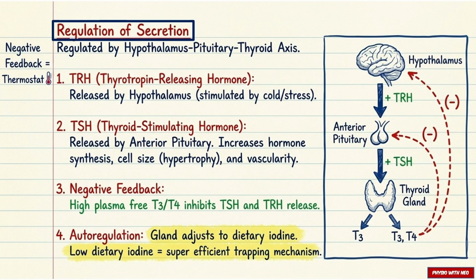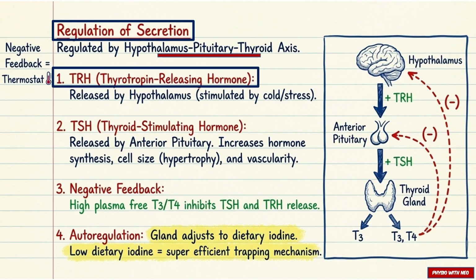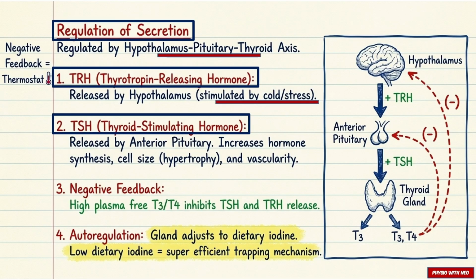This regulation of secretion flowchart is extremely important. It is mainly regulated by the hypothalamus pituitary thyroid axis. It begins in the hypothalamus through thyrotropin releasing hormone, which is mainly stimulated by cold and stress. This TRH acts on the anterior pituitary gland and produces thyroid stimulating hormone, which increases the hormone synthesis.